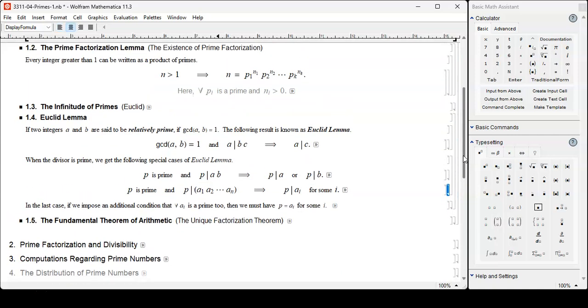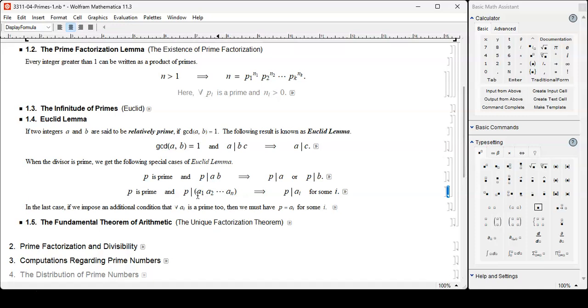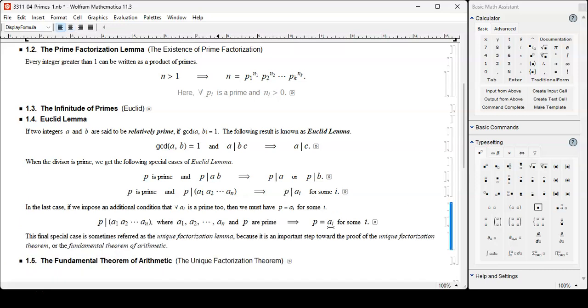All right. Finally, one more. In a special case where all these a1, a2, a3 are all primes, in that case, p dividing ai means p is equal to some ai. Why is that? If a prime number divides another prime number, but the latter prime number has only two factors, 1 or itself. The prime number that we begin with is not 1, so it has to be itself.